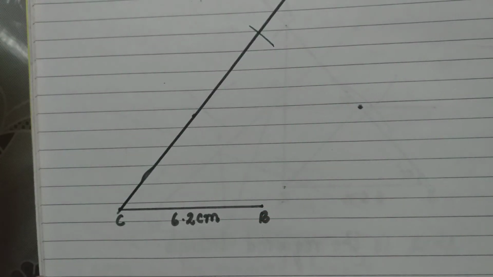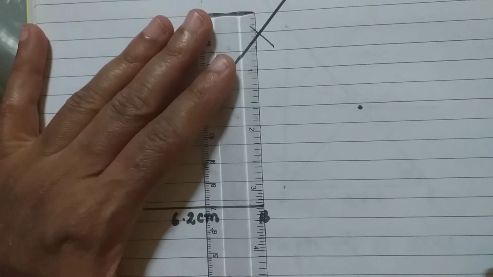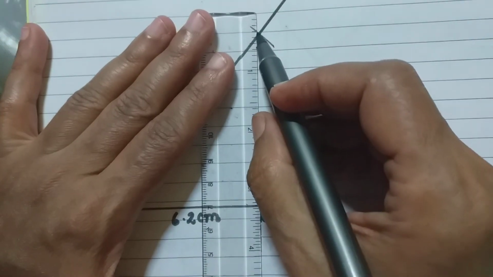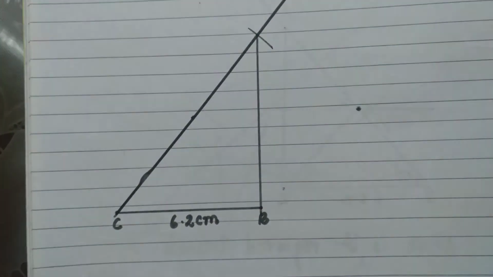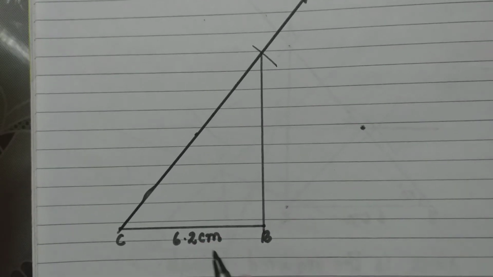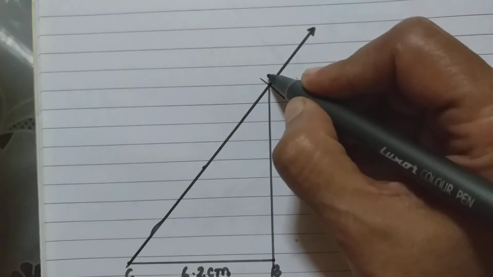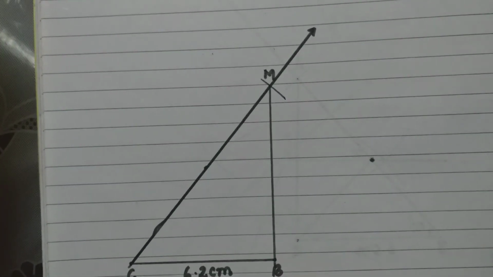Now once this is done, what we do is join the point where the arc cuts the ray to this vertex B. And then we name this point where the arc is cutting the ray other than the alphabets A, B and C. So say suppose we mark this point or name it as point M.